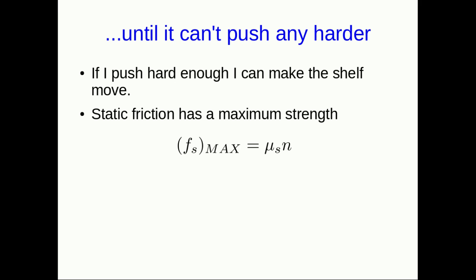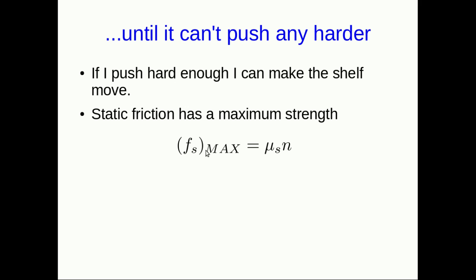static friction can have. And it has this form, very similar to what we saw for kinetic friction, but you have to be careful. This works differently from kinetic friction, because notice, this is not a formula for the value of the static friction. We've already seen we have to solve for it in general out of Newton's second law.